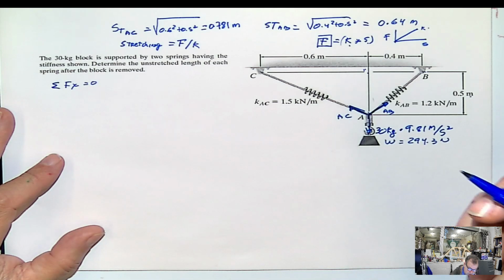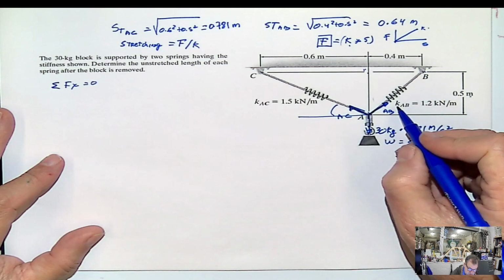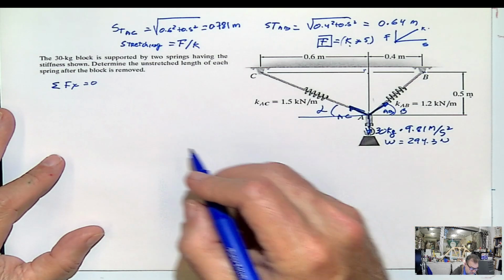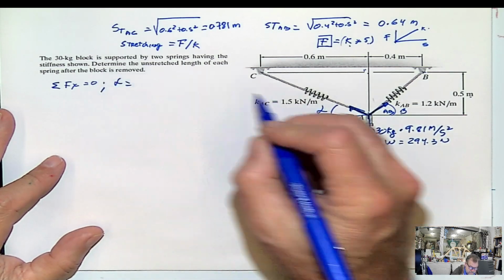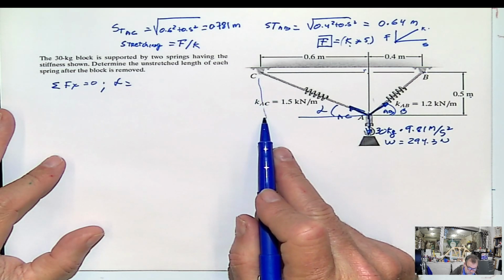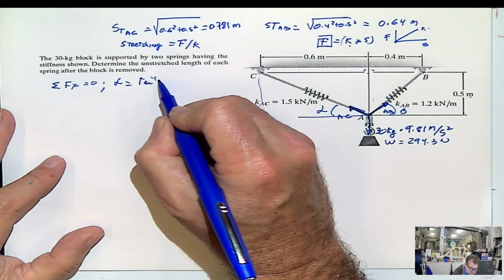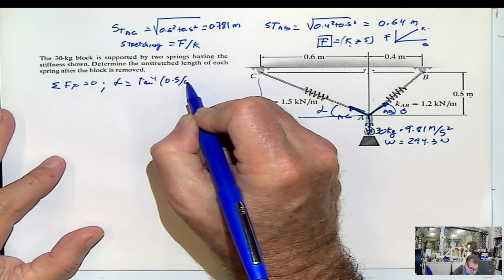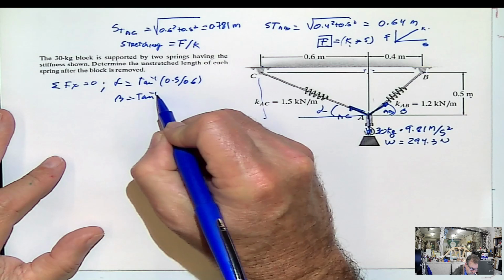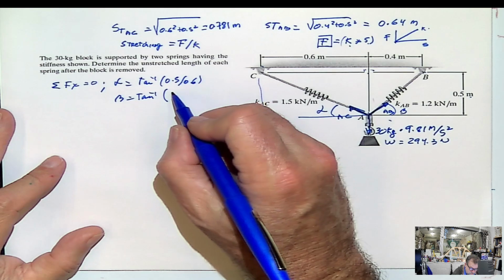Another thing that I'm going to need are the angles. Let's see, this angle alpha and this angle beta. If I want to calculate alpha, alpha will be the inverse tangent of 0.5 divided by 0.6, and beta will be the inverse tangent of 0.5 divided by 0.4.